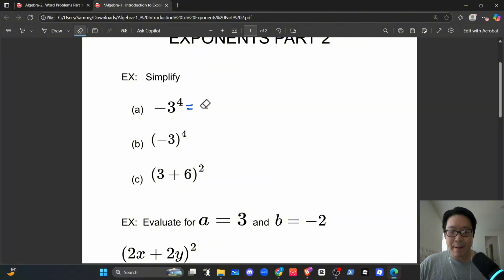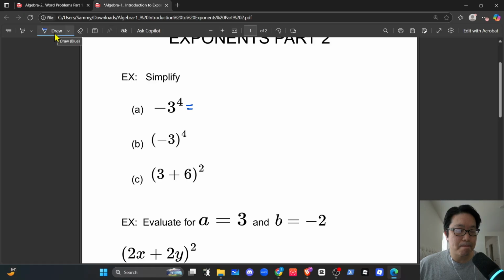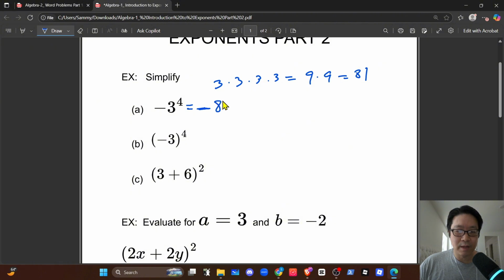So you're still going to have a negative right here, and then you have 3 times 3 times 3 times 3. What is that? That is 9 times 9, which is 81. So negative 81 is going to be your answer.